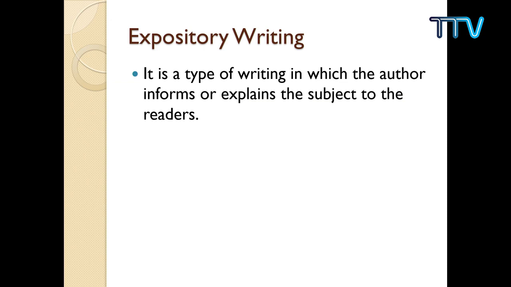Like I told you, your science textbooks, your English textbook, your social science textbook, whatever textbook you go through, these are all examples of expository writing, because here the author informs you. You are given some information and explanation about the content, about the subject.